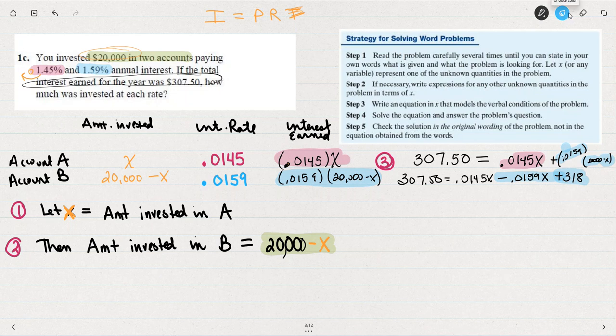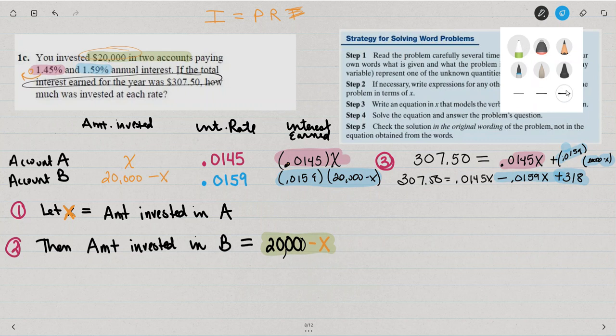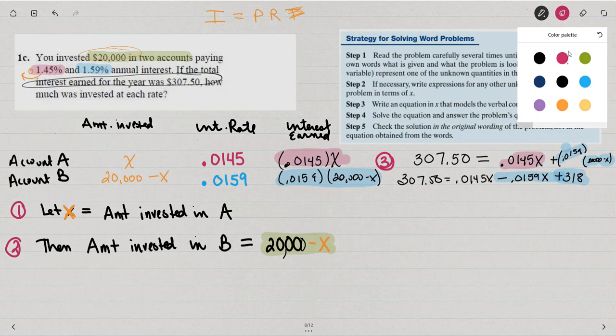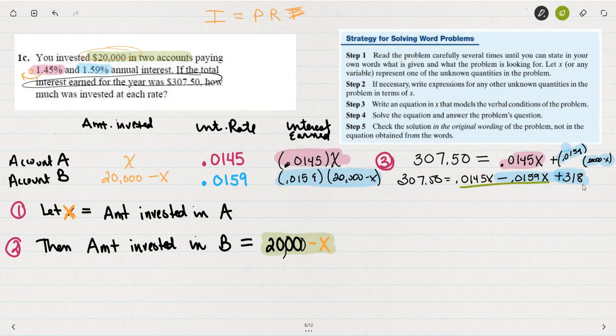Work that out yourself also to make sure you are understanding where each of those values comes from. I used a calculator to multiply, and shown the amounts that we get when we multiply here. To solve for X, I'm now going to combine these two X's, and I'm going to subtract the 318.